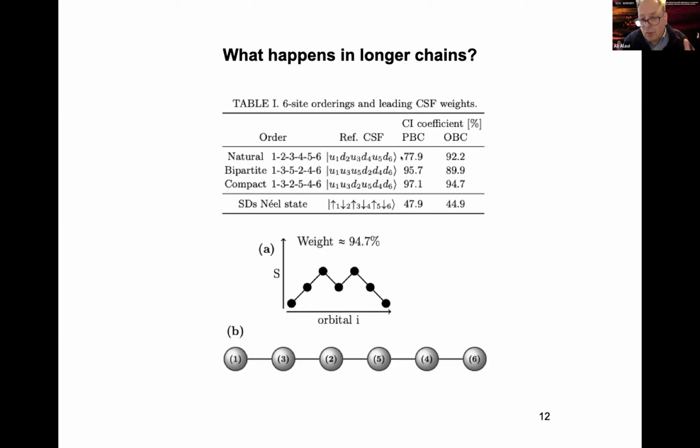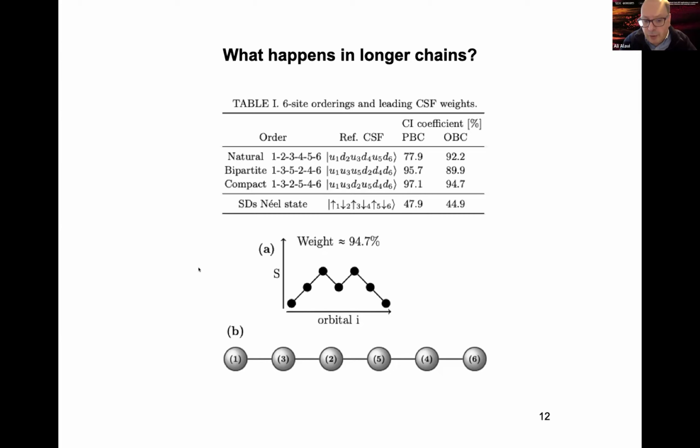But in this case, we could do an exhaustive search over all possible 6 factorial permutations. We found that there is another representation that we call the compact representation, in which that single CSF actually represents over 97% of the wave function. So we're able to push the leading CSF from about 78% to over 97%.